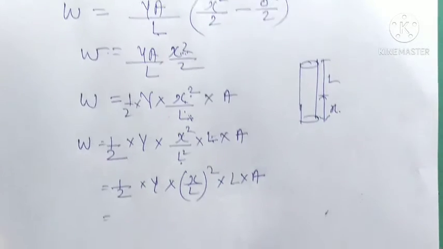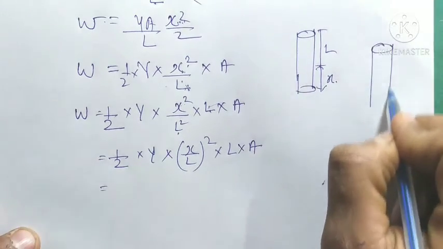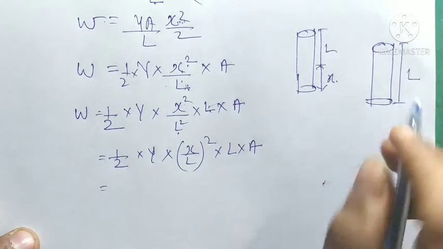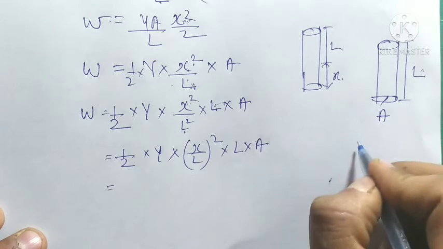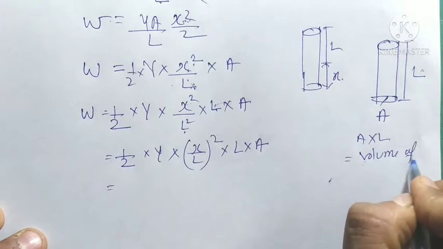Originally this is a wire with original length L and cross-sectional area A. So A into L gives the volume of the wire.